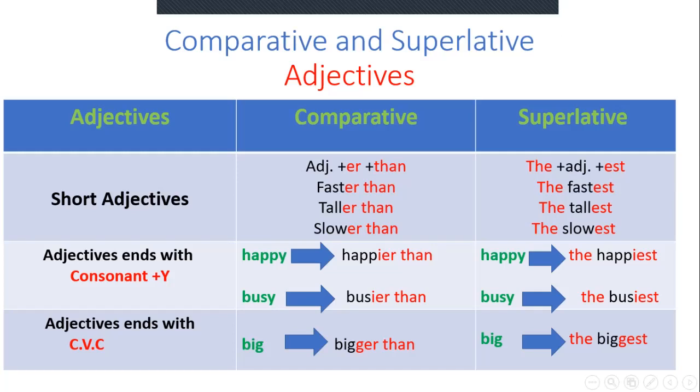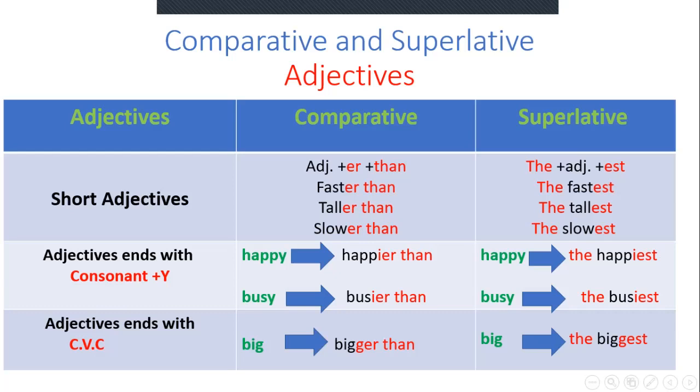And also, if the adjective ends with consonant plus y, like the adjective happy, the B here is a consonant letter plus letter Y. Here we delete Y and add I-E-R: happier than. Also in the adjective busy, S is a consonant letter plus Y, so here also we delete Y and add IER.